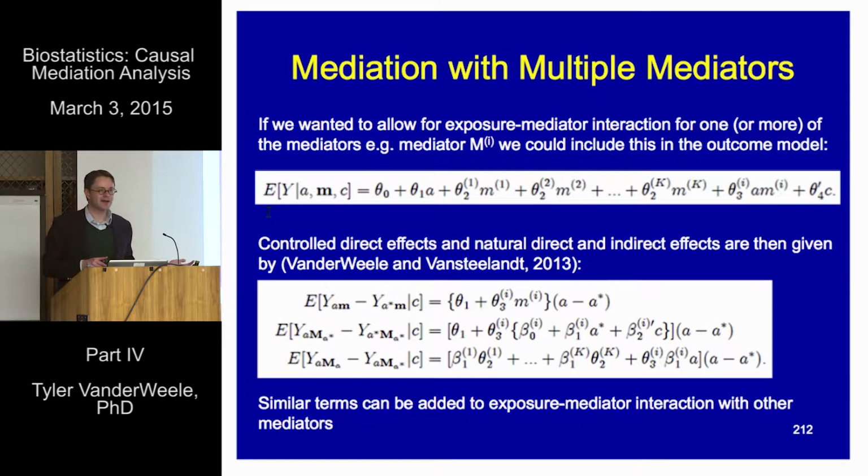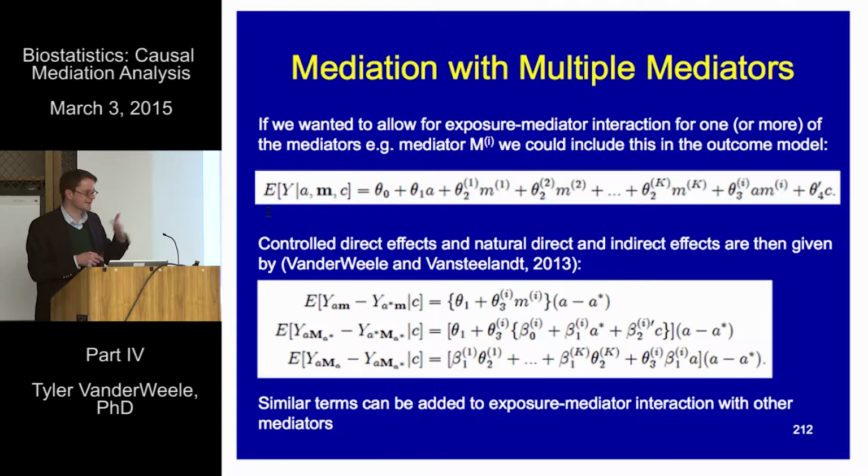Likewise, we can modify this to allow for exposure-mediator interactions or to allow for binary mediators. If we added an exposure-mediator interaction between the exposure and the ith mediator, we add a theta 3i m_i to the controlled direct effect, this expression here to the natural direct effect, and a theta 3i beta 1i to the natural indirect effect.